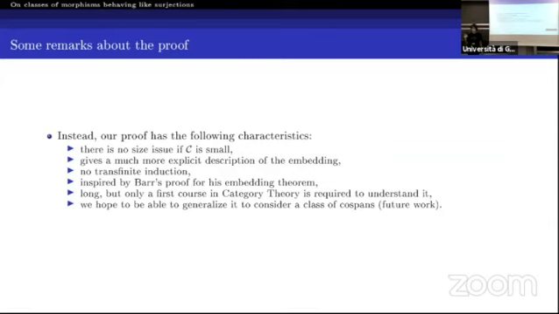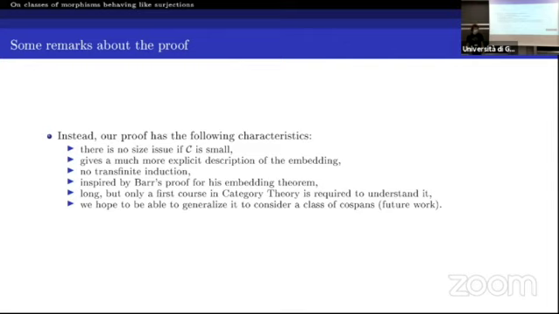It's still inspired by Barr's proof, but without any transfinite induction. And okay, it's a very long proof, but it's a very elementary proof. So just the first basic course in category theory is enough to understand it. And therefore, I hope to do the generalization I told you about in the previous slide.